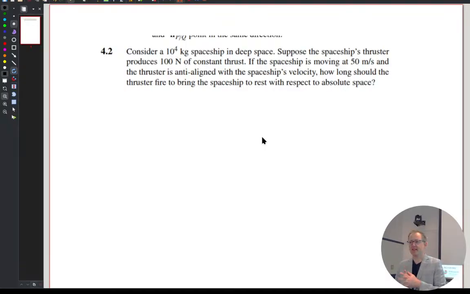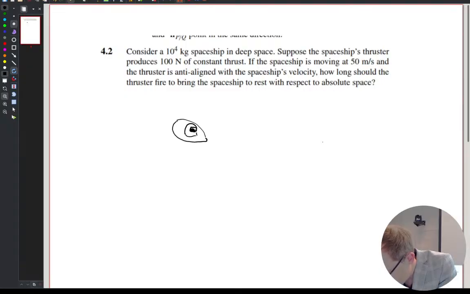I'm thinking we should draw a picture before we draw the free body diagram. Yeah, I want to draw some of the numbers.